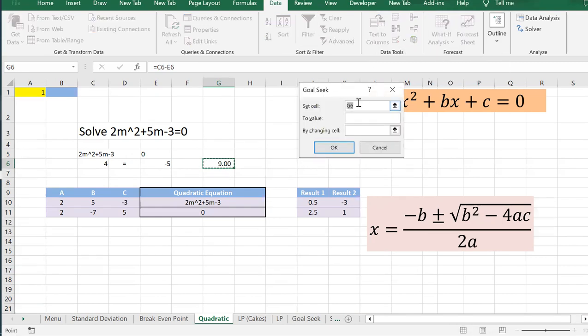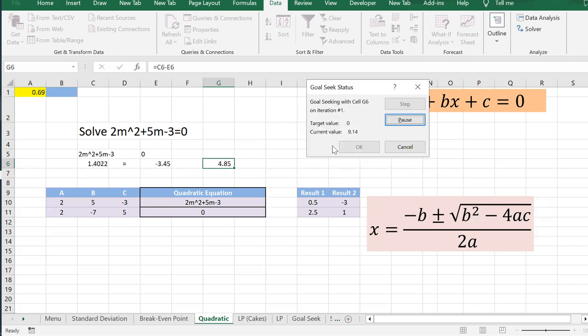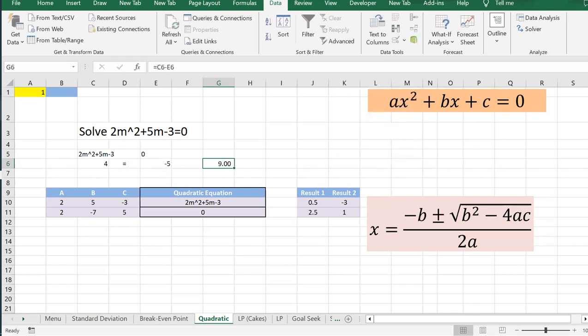and we say our objective is this to become 0, right? By changing this value. Okay, so it is going to get you the 0, right? Okay, hang on, please.